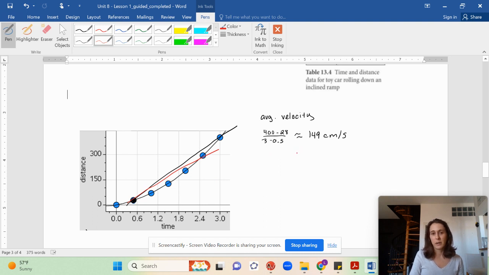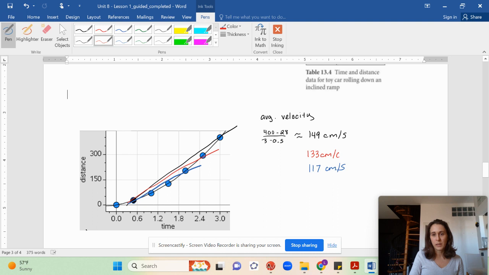And I find that it's about 133 centimeters per second. Makes sense. The average here is going to be a little bit slower. I could do the same thing from 0.5 to 2 seconds in blue here. And I found that average rate of change, I already found it, is 117 centimeters per second.